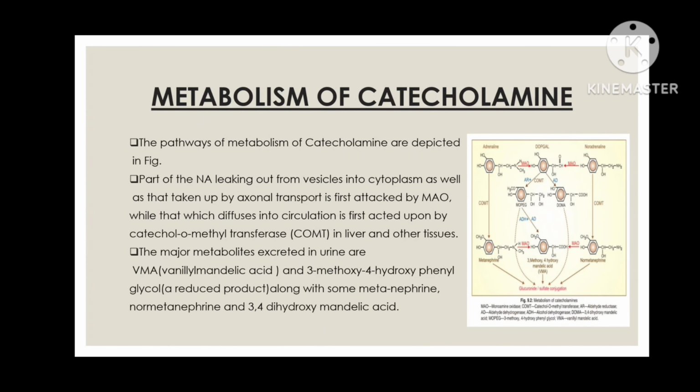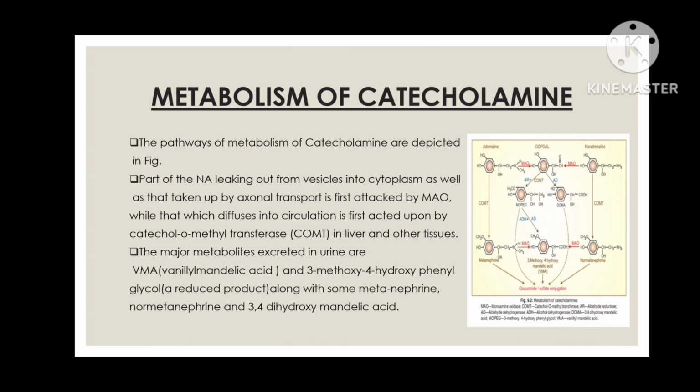Then metabolism of catecholamine. The pathway of metabolism of catecholamine is depicted in the figure. Part of the noradrenaline leaking out from the vesicle into cytoplasm as well as that taken up by axonal transport is first attacked by MAO, while that which diffuses into circulation is first acted upon by the catechol-O-methyltransferase in liver and other tissue.